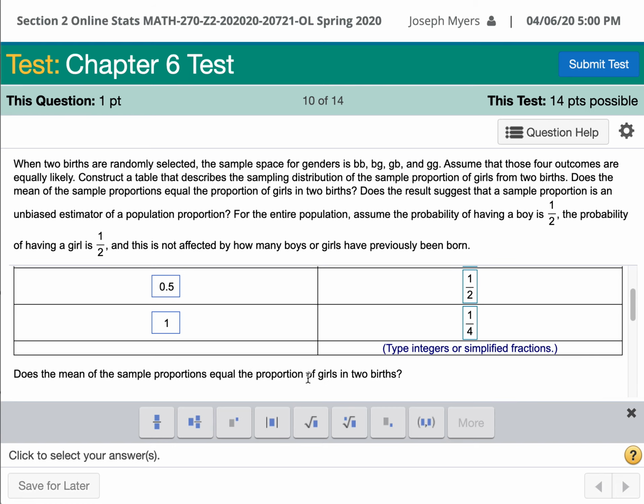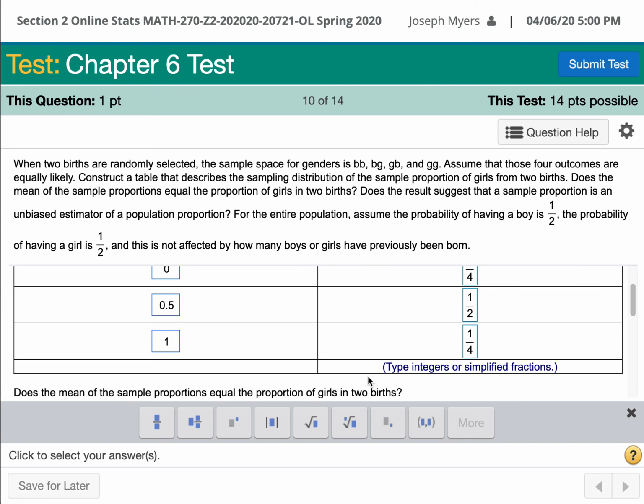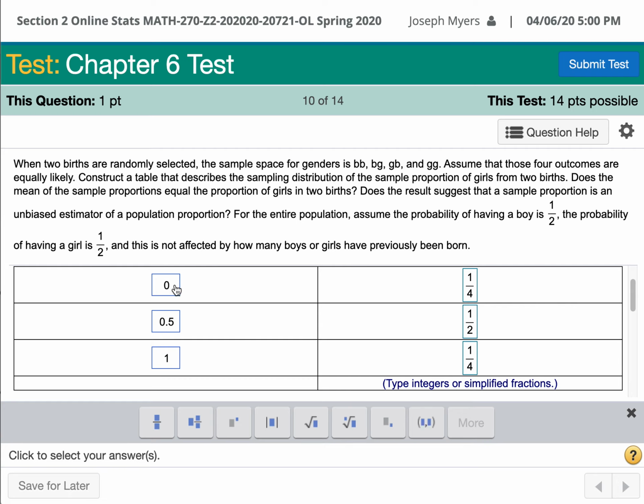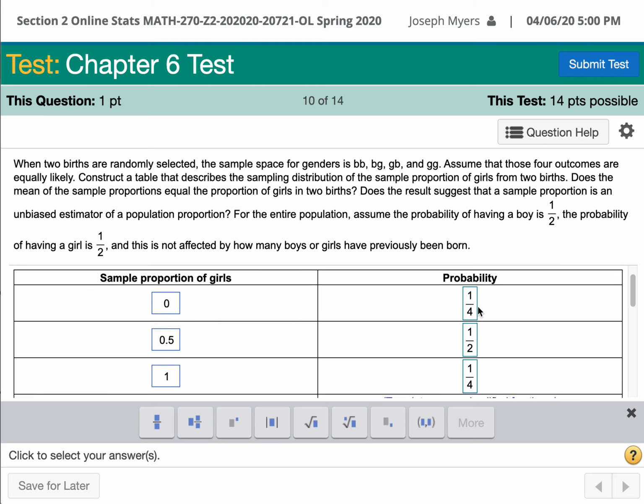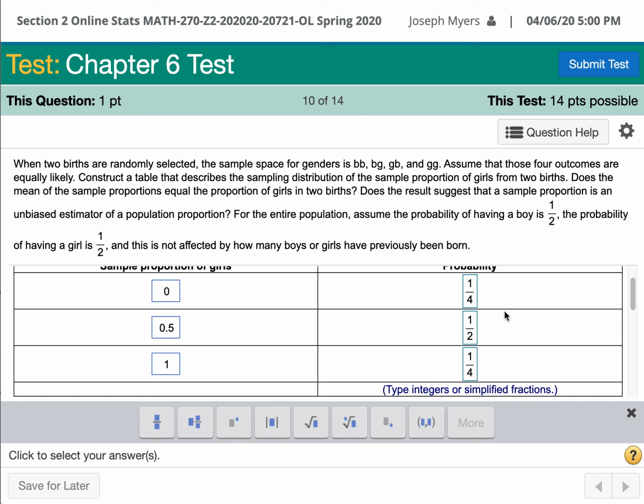Now let's find the proportion of girls in 2 births the other way. Do you remember how we found expected value? We take the outcome times the probability, which would be 0, plus you take this outcome times this probability. Well, 0.5 times 1/2 would be 1/4, and then plus this number times this probability. So 1 times 1/4, that's also a quarter.